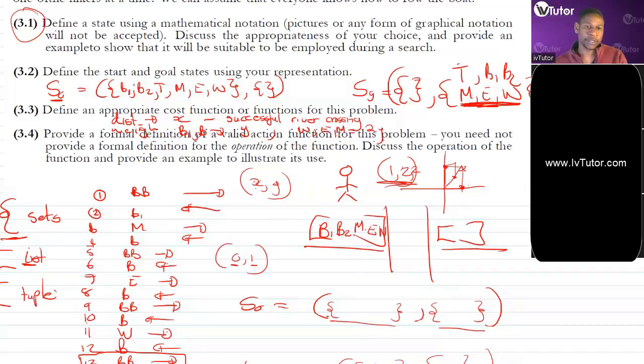Right. So this will be the distance cost and the weight cost.